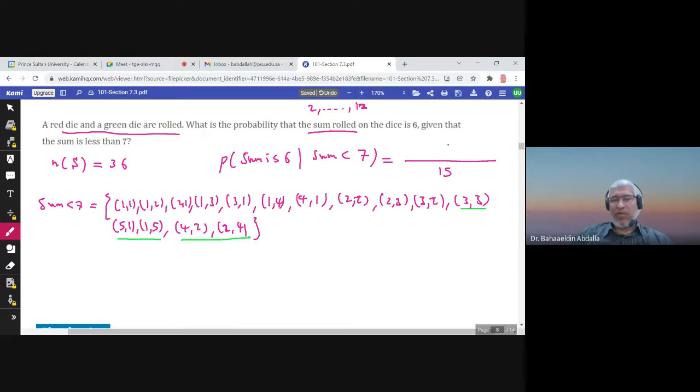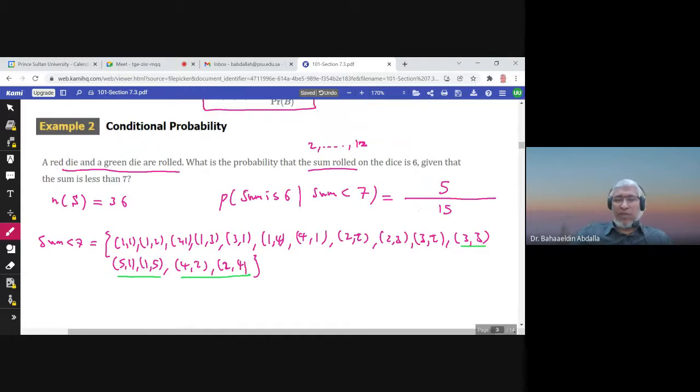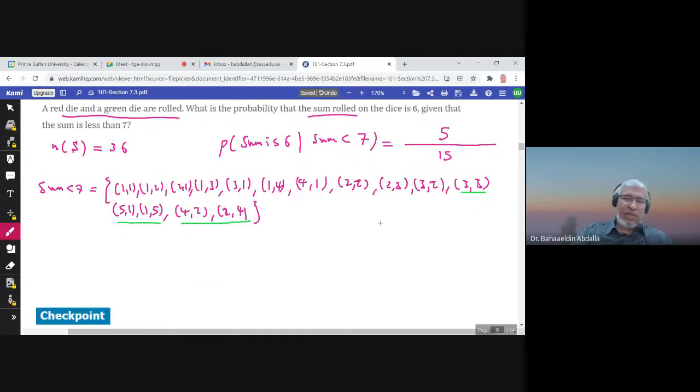So how many? 5. So the probability is 5 over 15. Okay, we used the number of elements. You can also use probability. So you can find the probability of sum is 6 intersection sum is less than 7, which is 5 over 36, over 15 over 36, and you will get the same answer.